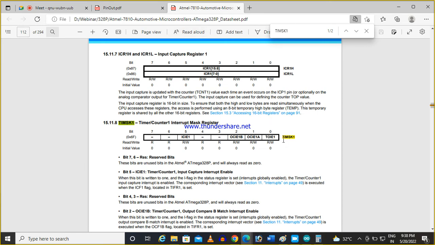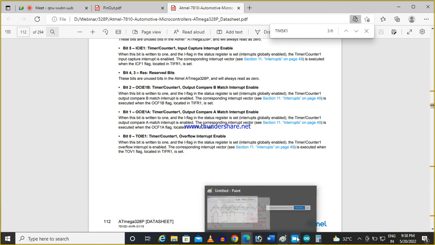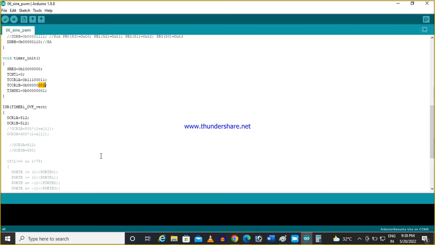In TIMSK1 I am using this one only. What is that bit? Timer overflow interrupt enable. So once the full counting is over, one interrupt will be generated. So I have used timer overflow interrupt.